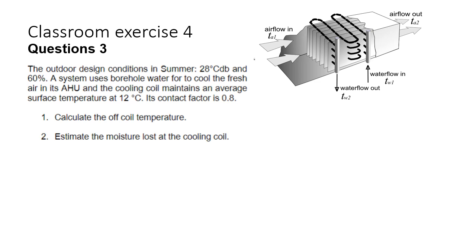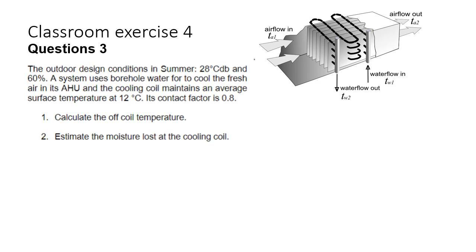These plates are aluminum, so they are all good thermal conductors. These all maintain the same temperature, 12 degrees, and the air going over at 28 degrees will surely drop in temperature. But at the same time, it may also lose moisture, because 12 degrees may well be below the dew point of this outdoor air status. We will draw this on the psychrometric chart to check it out.